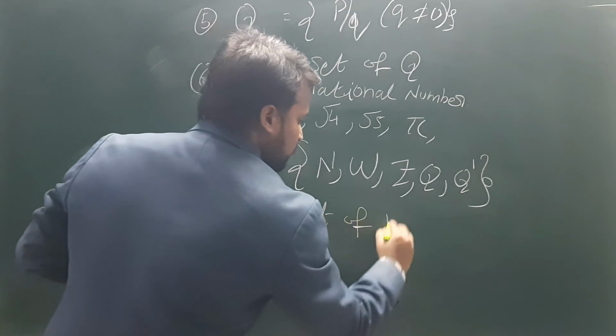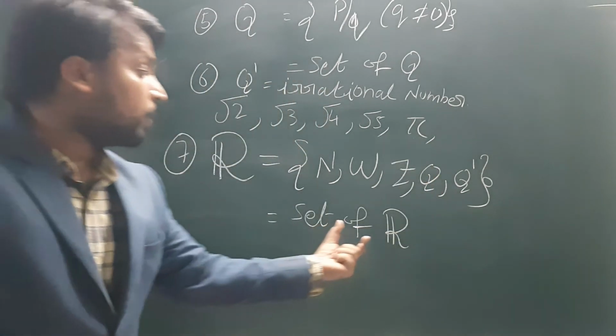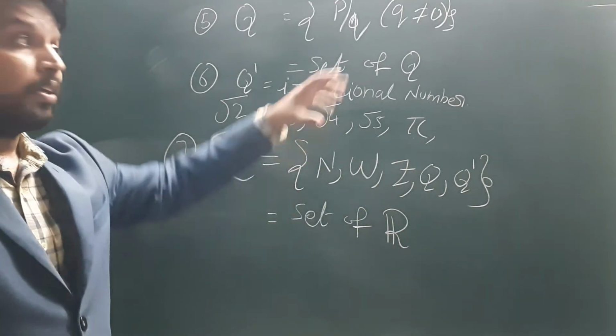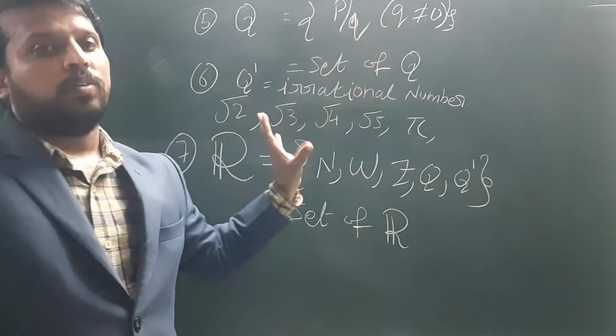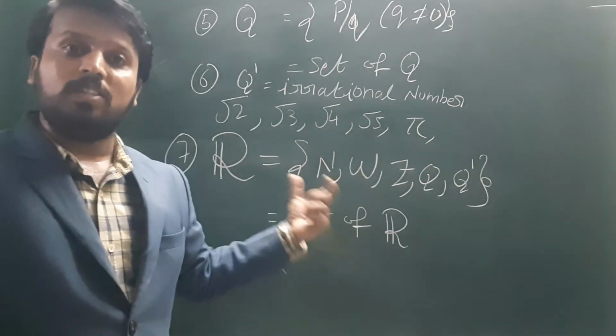They are denoted with the capital R. This is the biggest set, and in this each and every number is there.